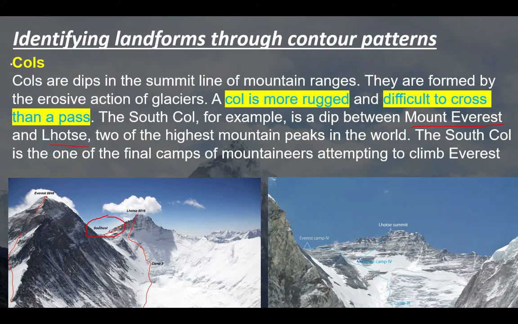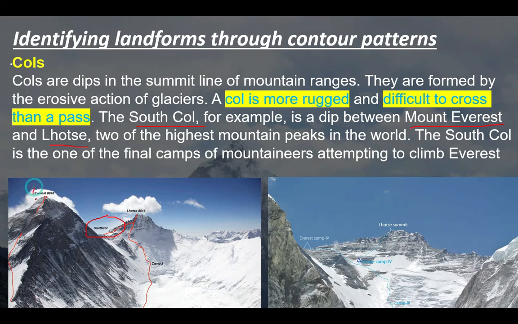What is a col? Cols are the dips in the summit line of a mountain range. An example of a col is the South Col. This is the dip between Mount Everest and Lhotse, two of the highest mountain peaks in the world.